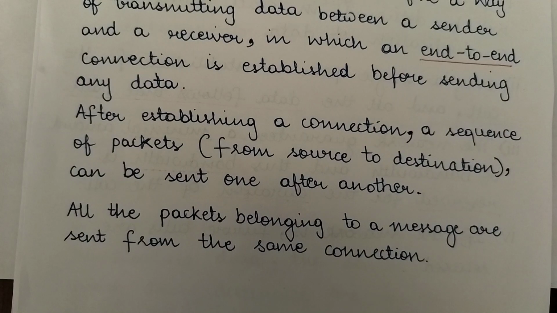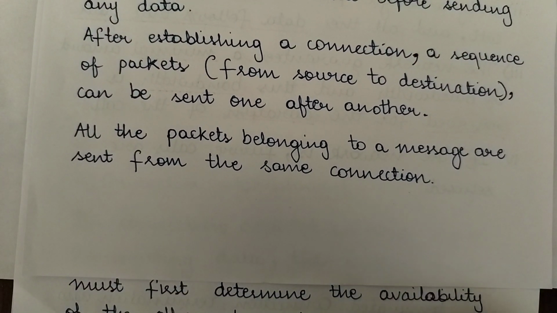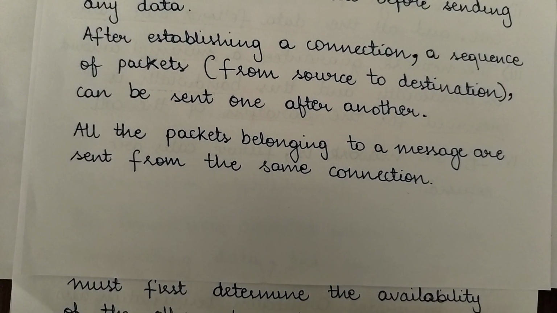All the packets of a particular message are then transmitted in sequence from the source to destination once the connection has been established. All the packets belonging to the same message are sent using the same connection.